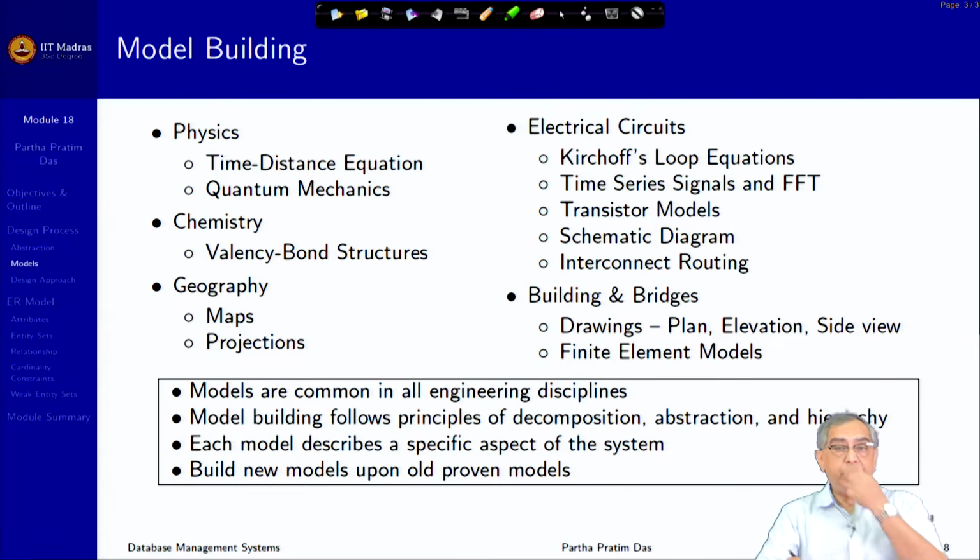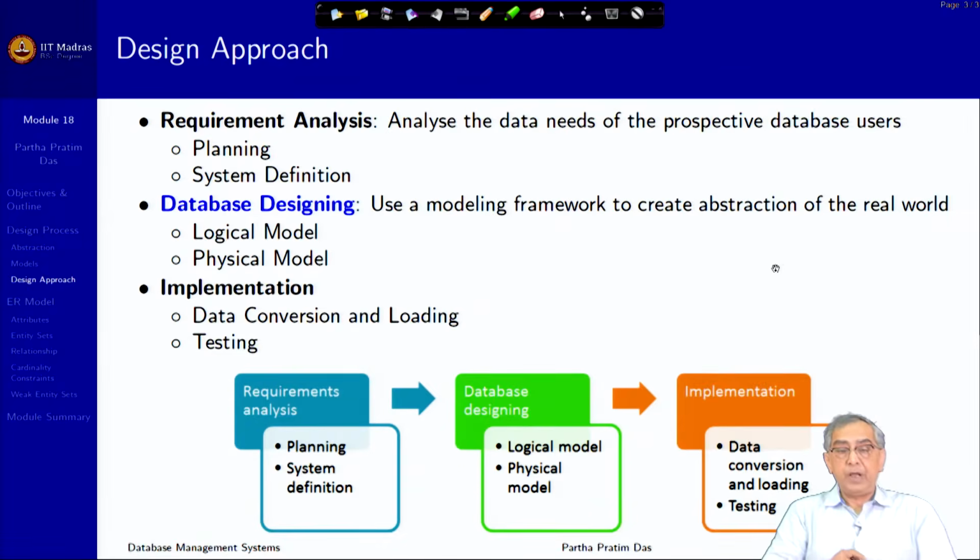So, before we start with the design process, we need to learn an appropriate framework for modeling the real world that is of consequence to our design requirements. The overall design process of a database I can divide into three parts.